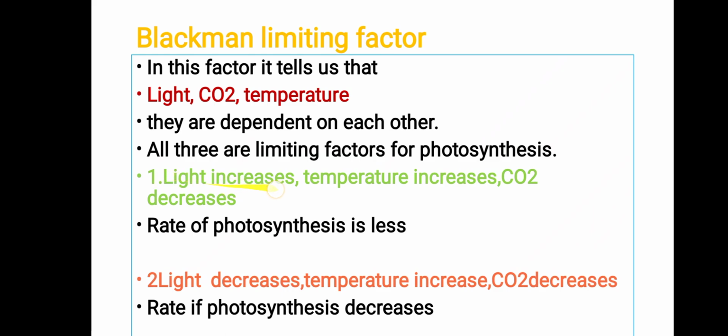So if light increases, temperature also increases, but carbon dioxide decreases, the rate of photosynthesis will decrease. If light decreases, temperature increases, and carbon dioxide decreases, the rate of photosynthesis decreases.